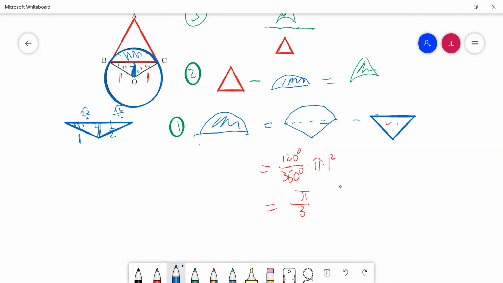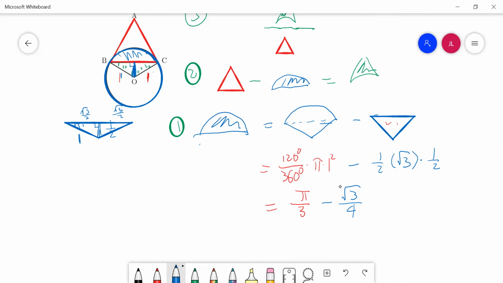The area of this, then, the base is going to be square root 3/2 plus square root 3/2. That's square root 3 times the height. Height is 1/2. All right, so that's not very hard. That's square root 3/4.